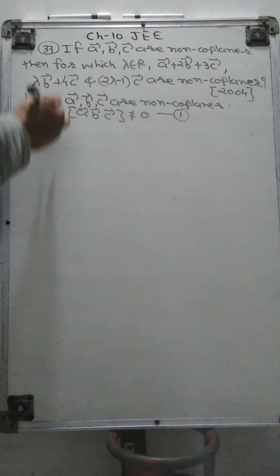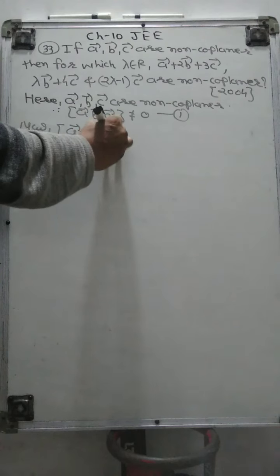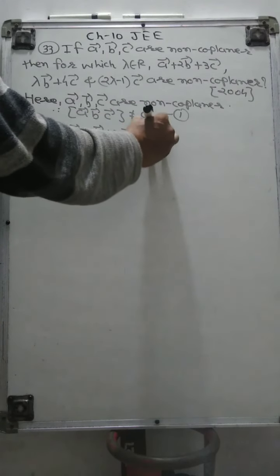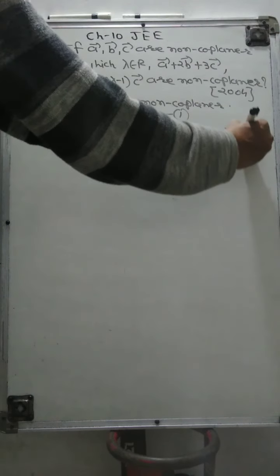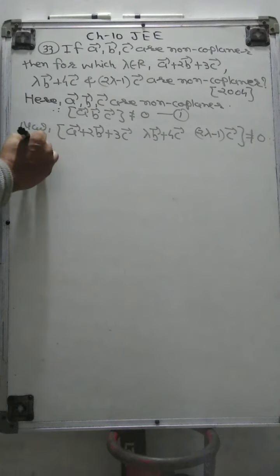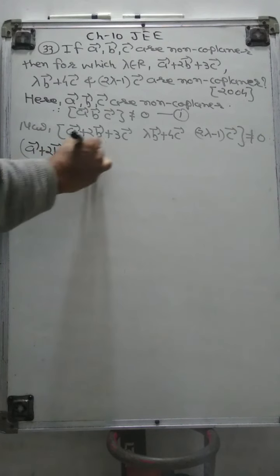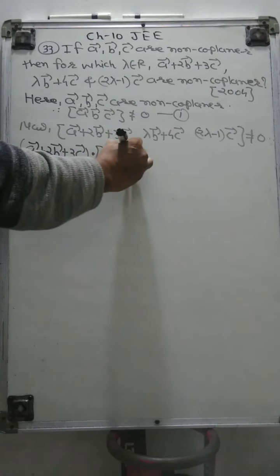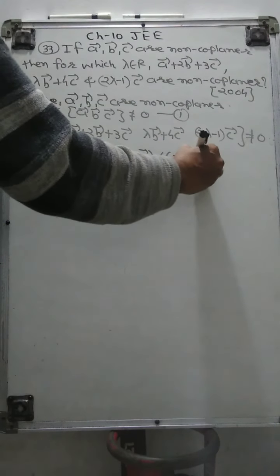Now we want to obtain that box product of a bar plus 2b bar plus 3c bar, lambda b bar plus 4c bar and 2 lambda minus 1 c bar is not equal to 0, for which we take a bar plus 2b bar plus 3c bar dot lambda b bar plus 4c bar cross 2 lambda minus 1 c bar is not equal to 0, right?